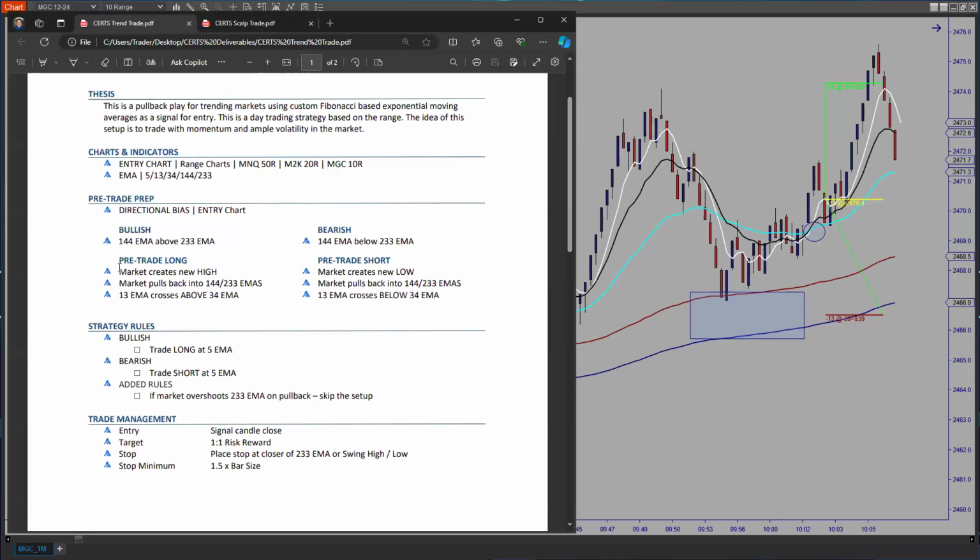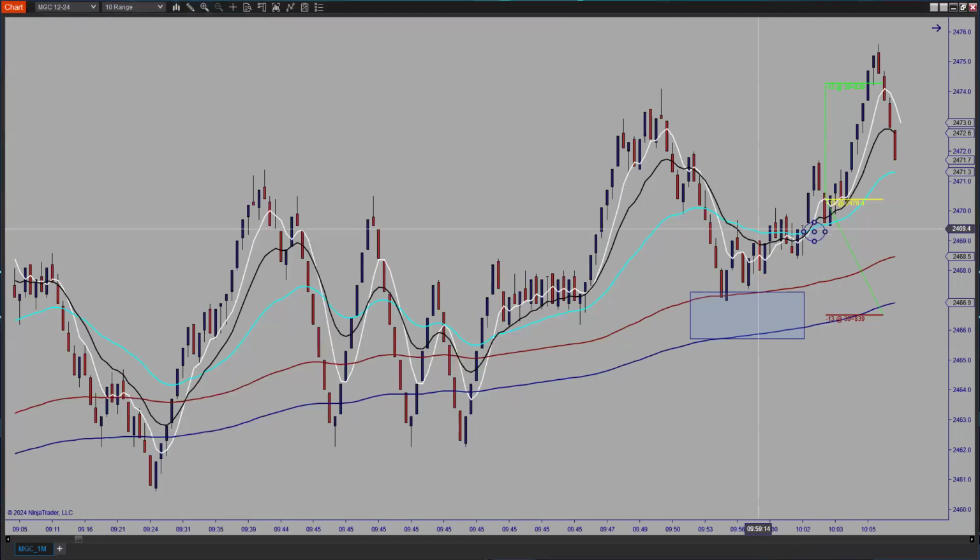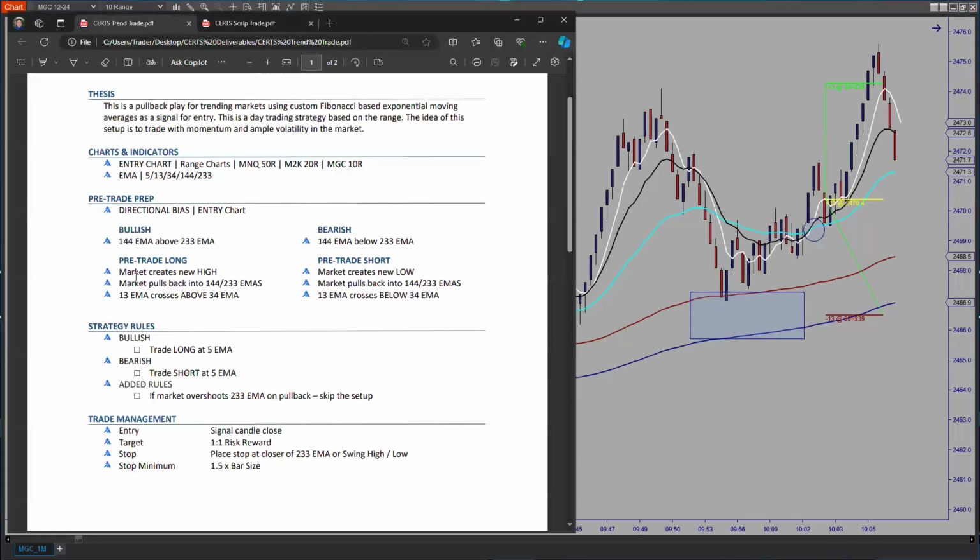So it pulls back. We're going to look at the long. So it pulls back into the 144 and 233. Check. The 13 crosses above the 34 right there. The 13 is the black. The 34 is the cyan. So you see the cross there. So we got that. That's all our pre-trade stuff.